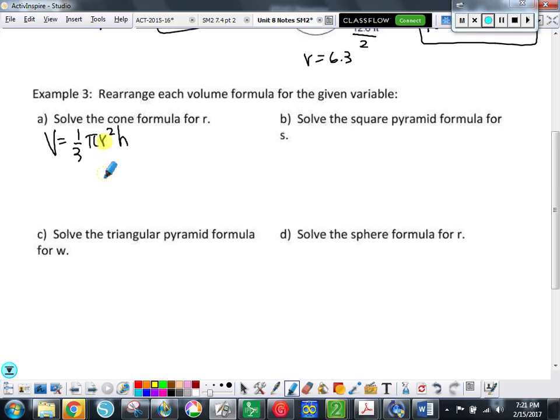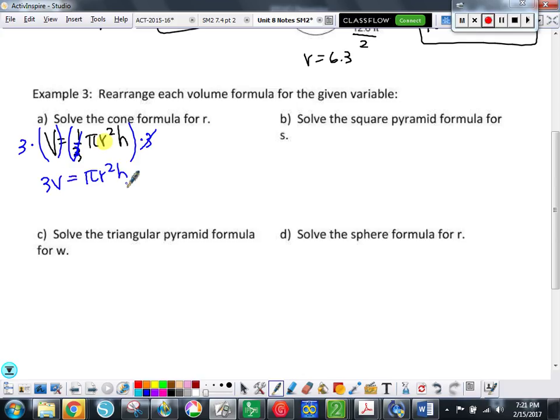So first I'm going to cancel the 1/3. What would I have to multiply each side by in order to cancel that? Multiply by 3. So that 3 and that 1/3 would cancel, and you have 3v equals pi r squared h.